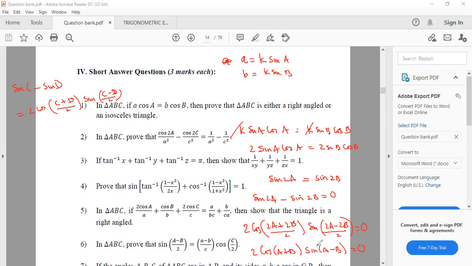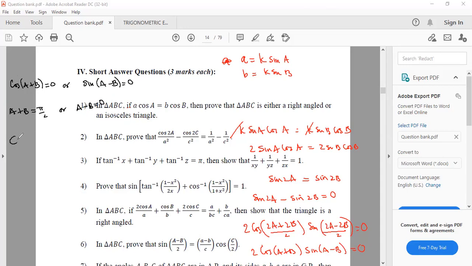Now 2 possibility after this. I'm writing this side, continuation of that. Yes, sir. What are the 2 possibilities? Sin A minus B equal to 0, or cos A plus B is 0. Product of 2 numbers 0 means sin of A minus B is 0, or A plus B is pi by 2.